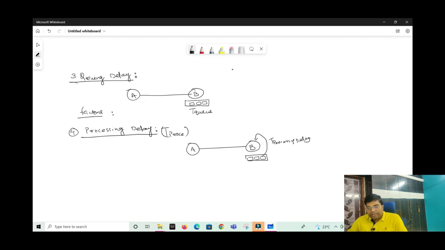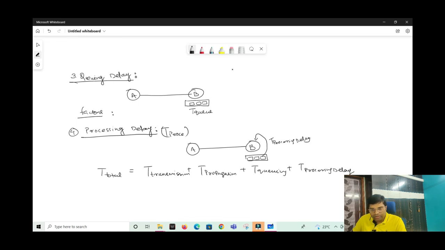So till now we have understood the four delays: transmission delay, propagation delay, queuing delay, and processing delay. If you want to find the total delay, T total, the total delay is the transmission delay plus propagation delay plus queuing delay plus processing delay.